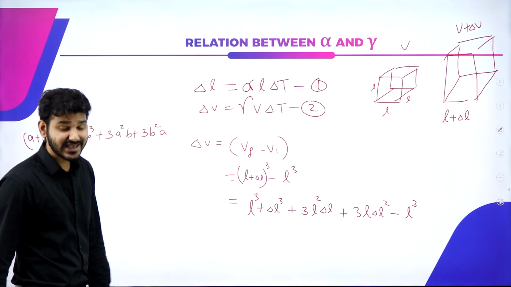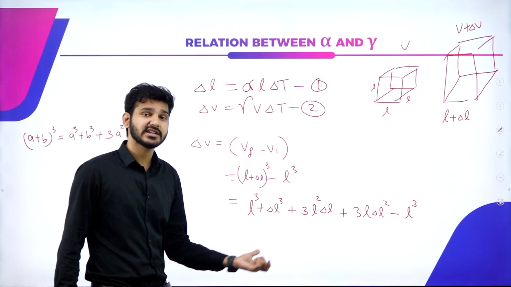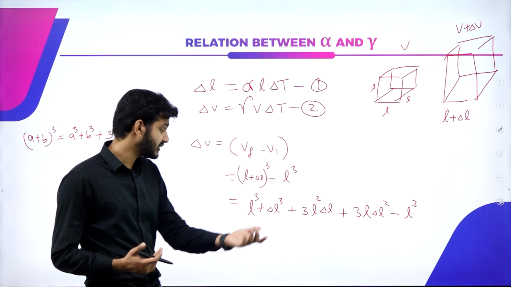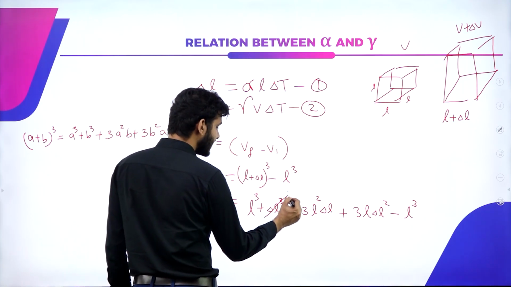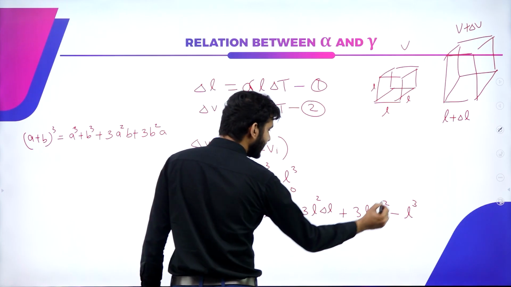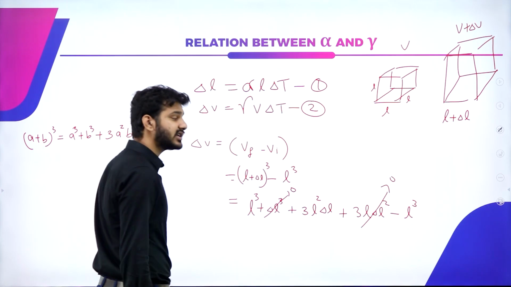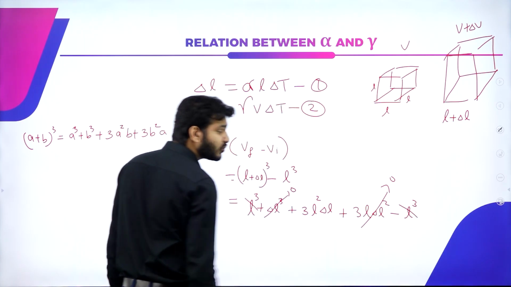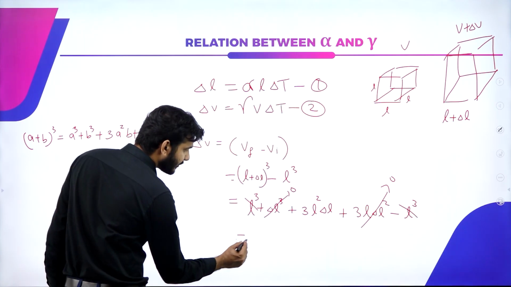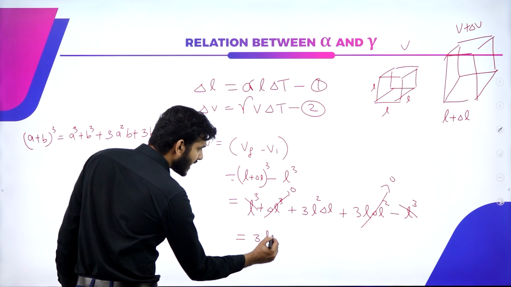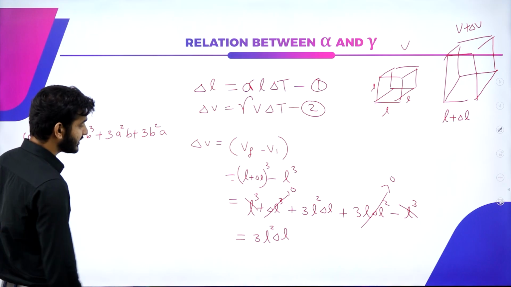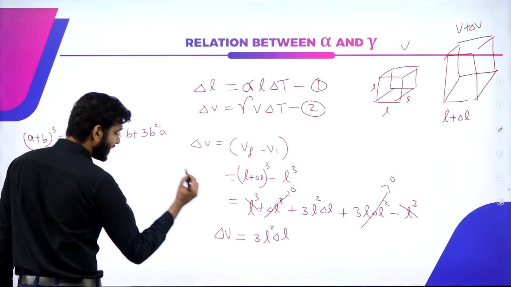Again, since delta L is very small, all the higher powers of delta L will be approximately equal to 0, so delta L cube and delta L square are approximately 0, and plus L cube and minus L cube cancel each other out. The only remaining quantity is 3L square delta L, which is equal to delta V.